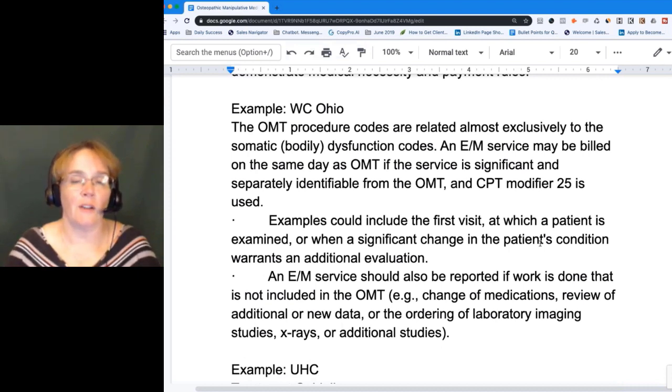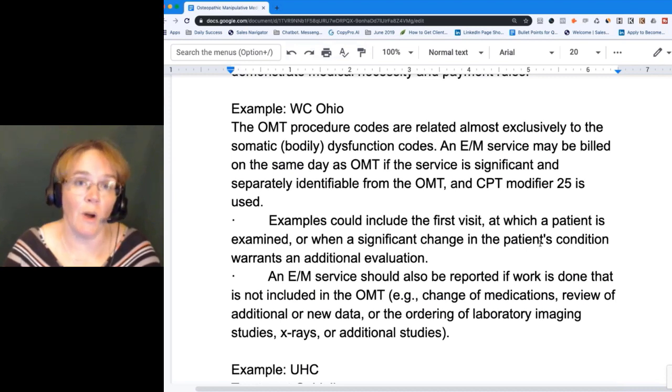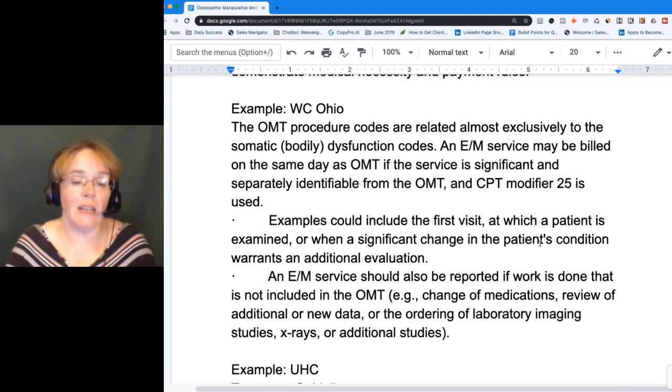But they're saying include on that first visit what that significant change was, what changed in their condition that prompted this. Also, the E&M you did, you might have changed your medications, you might have done some x-rays or some lab imaging. That counts as your medical decision making. That counts as part of that whole E&M. And then you have the OMT.